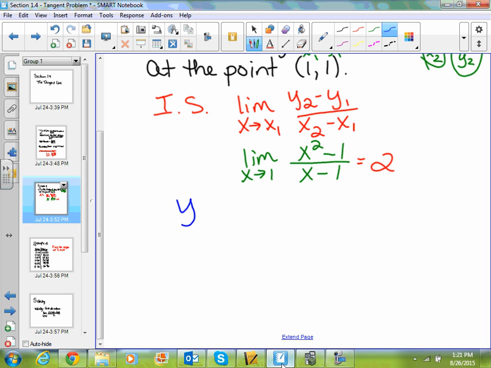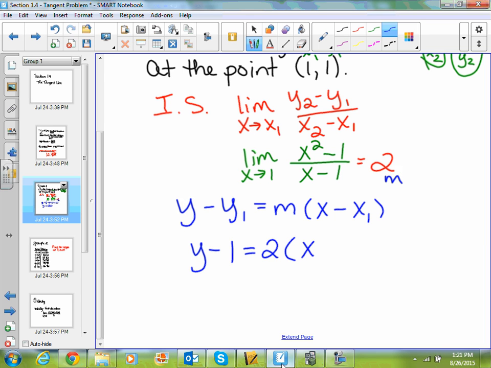The second part of what I then would use is the point slope form of a line. So y minus y1 equals m times x minus x1. And our slope is m, and we know our x1, y1 from our point. So my equation would be y minus 1 equals 2 times x minus 1. And you can just leave it like this.